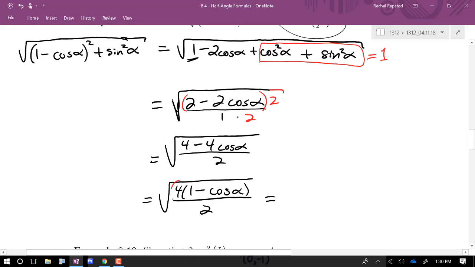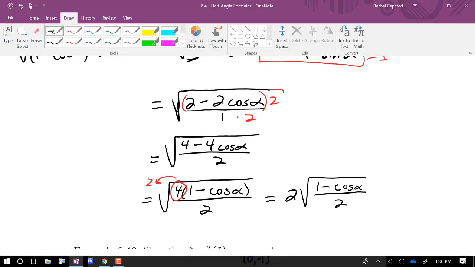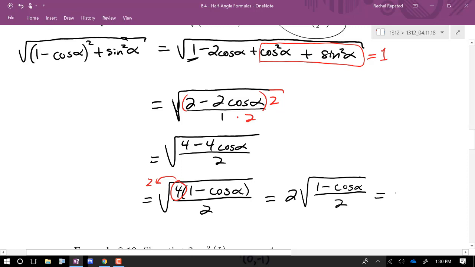Yeah, this factor of 4 will come out as a 2. So now we have 2 times the square root of 1 minus cosine alpha over 2. That's the same thing as sine alpha over 2. So now we have 2 sine of alpha over 2. And of course, alpha over 2 is the same as 1/2 alpha. So we're done. I told you this one was fun, didn't I?